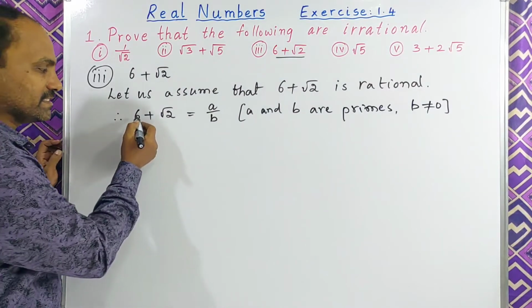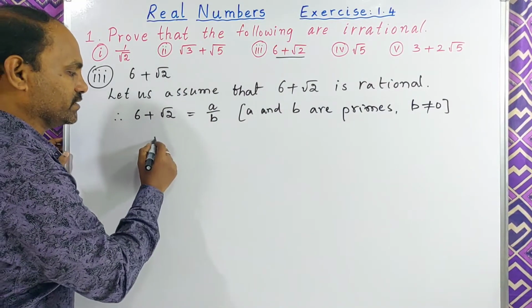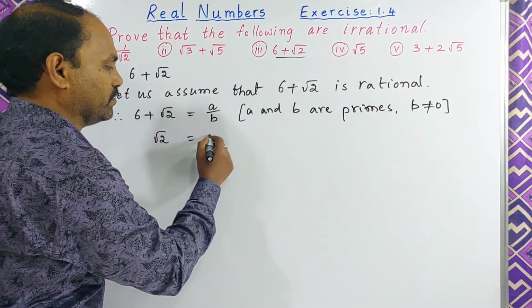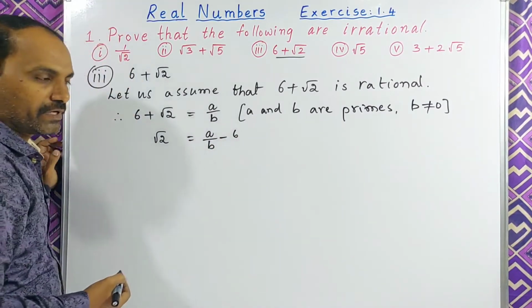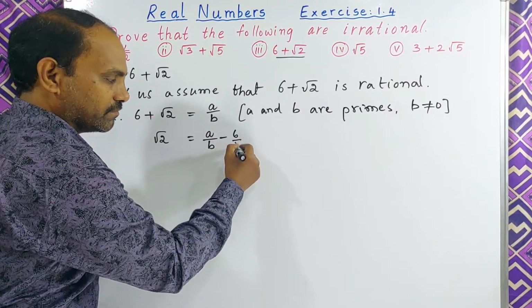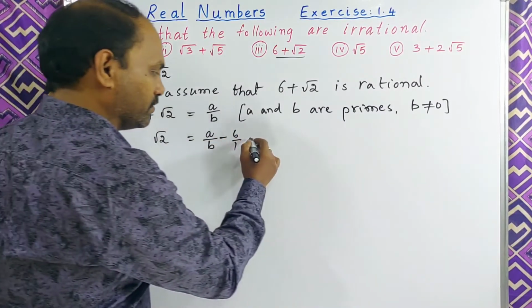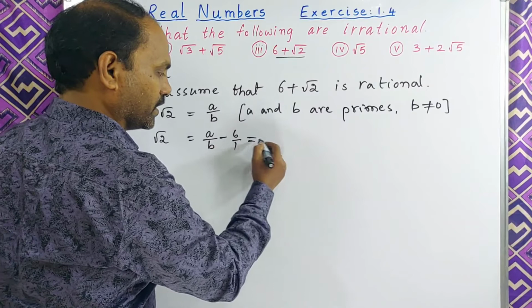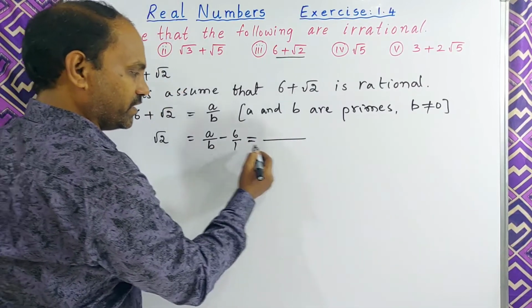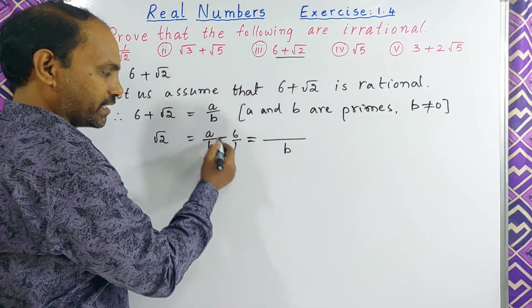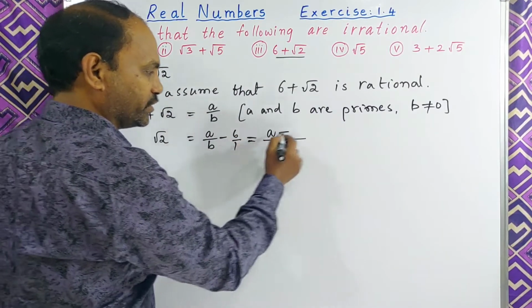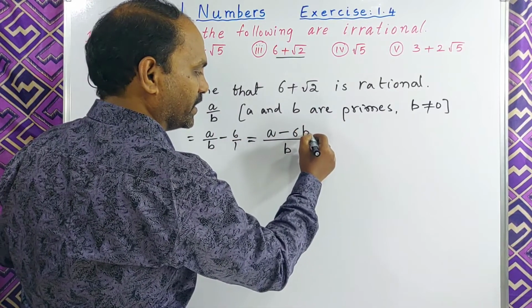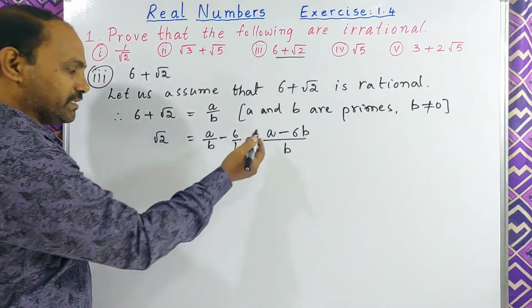Now send this 6 to this side, so root 2 is equal to a by b minus 6, and write 1 here. Then, what is the LCM here? b into 1 is b, and then cross multiplication: a minus 6b.